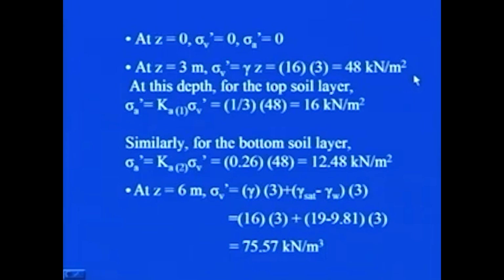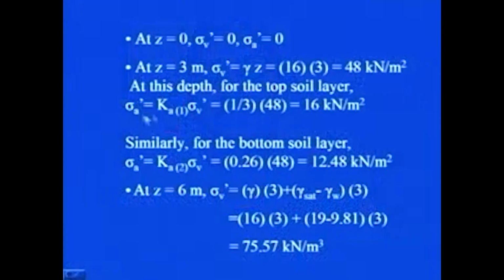Just at the top of the water table location, for the top soil layer, sigma A prime will be Ka1 into sigma V prime. Sigma V prime is 48 and Ka1 is 1 by 3, so 48 times 1 by 3 results in 16 kilonewton per meter square.